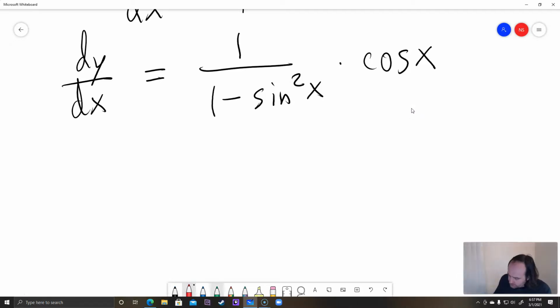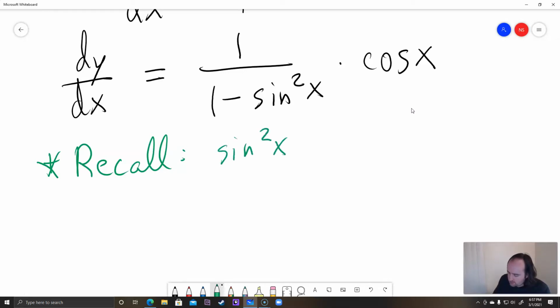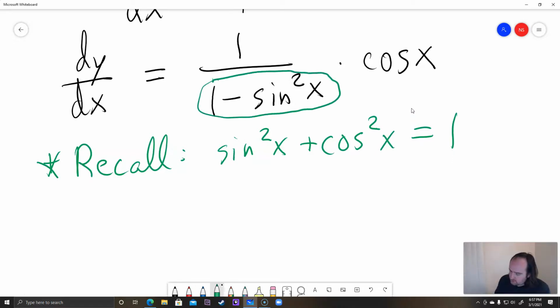So I wanted to point out to you, recall that sine squared of x plus cosine squared of x equals 1. Right? That's from pre-calculus. And so this 1 minus sine squared of x is actually the same as cosine squared of x.